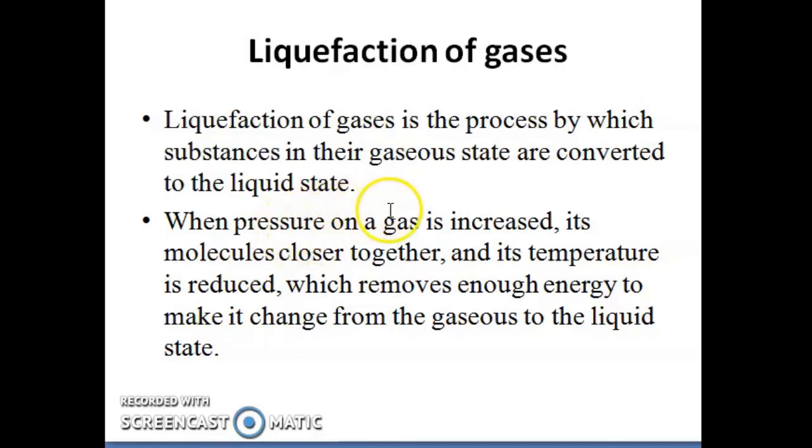That is, when pressure on a gas is increased, its molecules come closer together and its temperature is reduced. When this condition is set, it will remove enough energy to make it change from gaseous to liquid state.